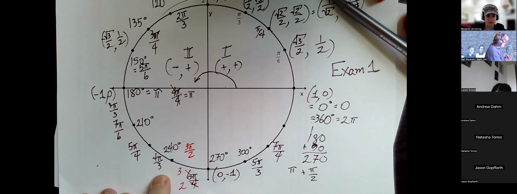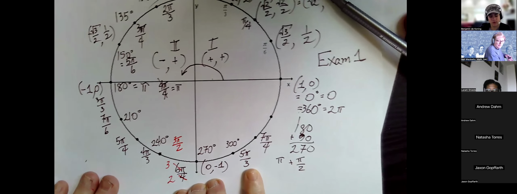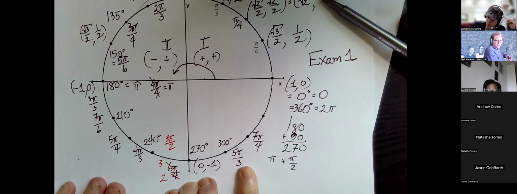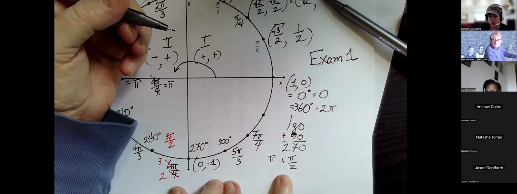Let's see, 9 pi over 6. 270. Good. 10 pi over 6. 300. And 11 pi over 6. 330.